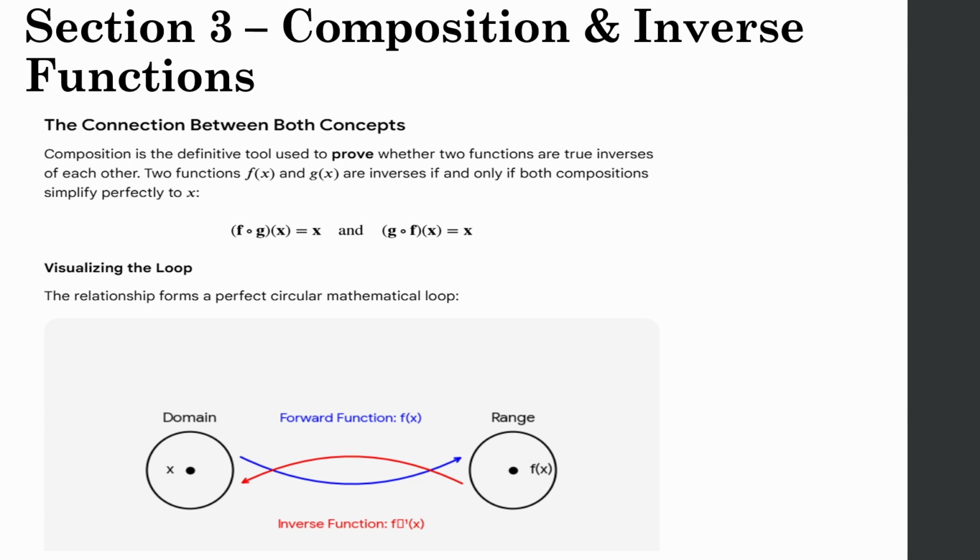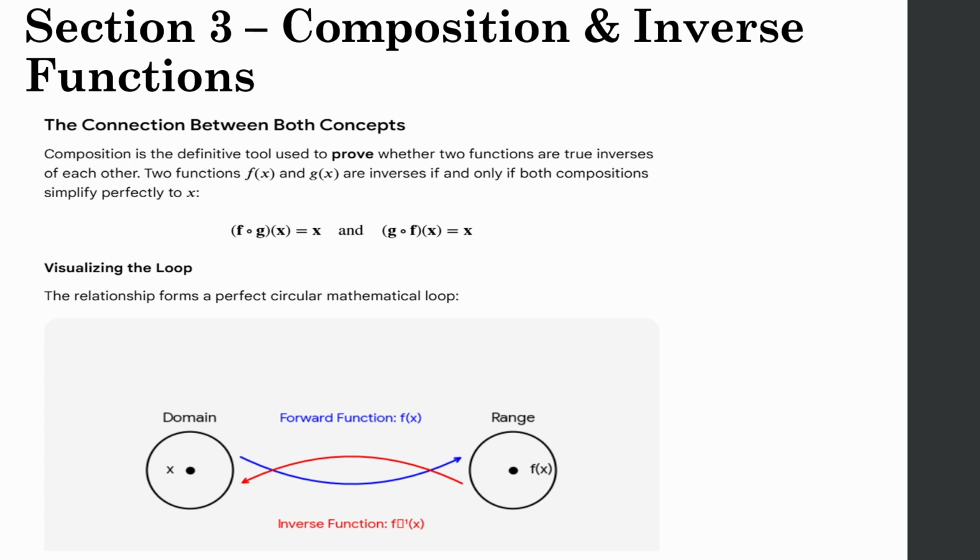The connection between composition and inverse function. Composition is the definitive tool used to prove whether two functions are truly inverse to each other. Two functions f of x and g of x are inverse if and only if both compositions simplify perfectly to x.